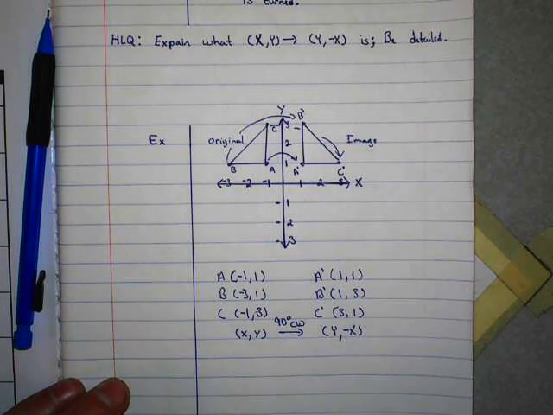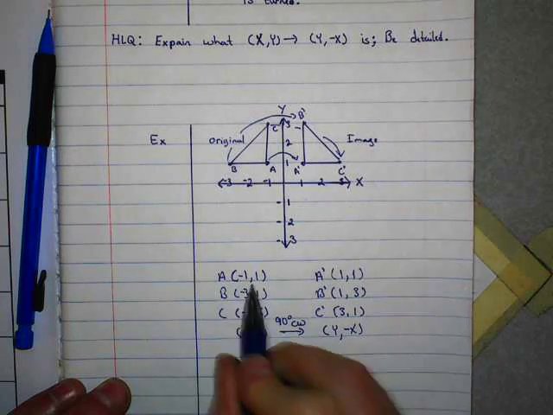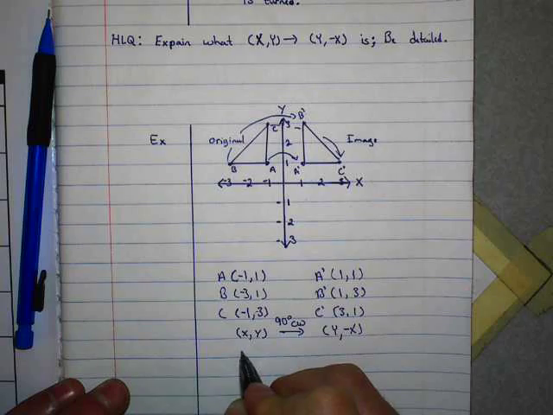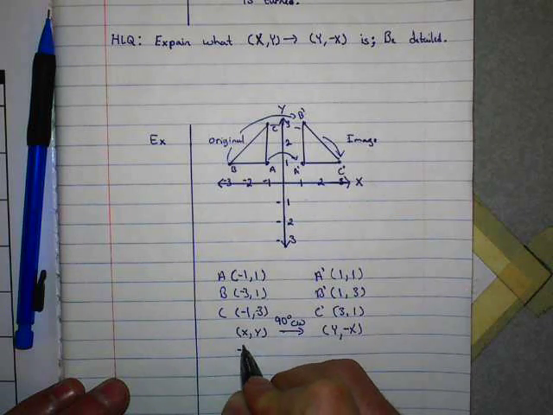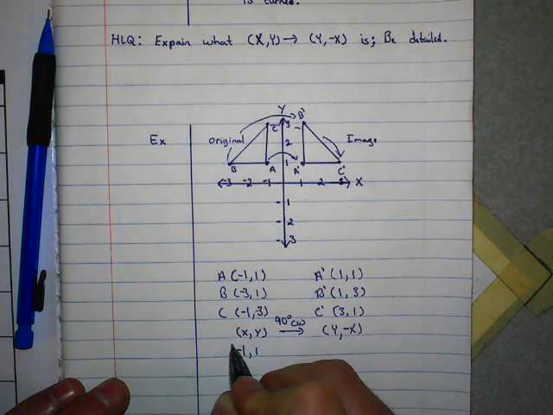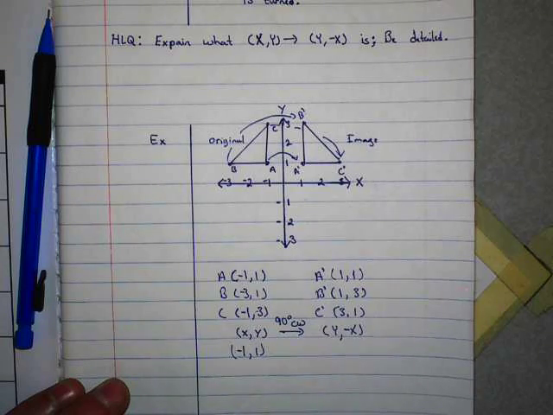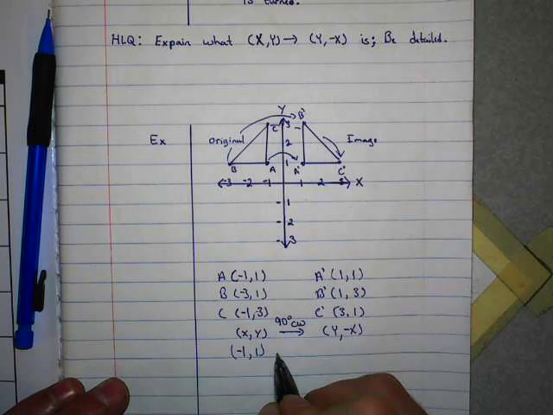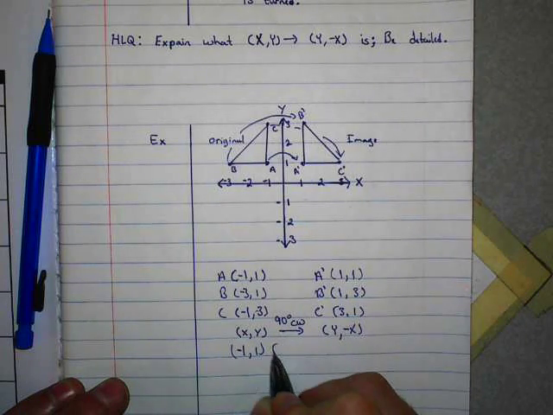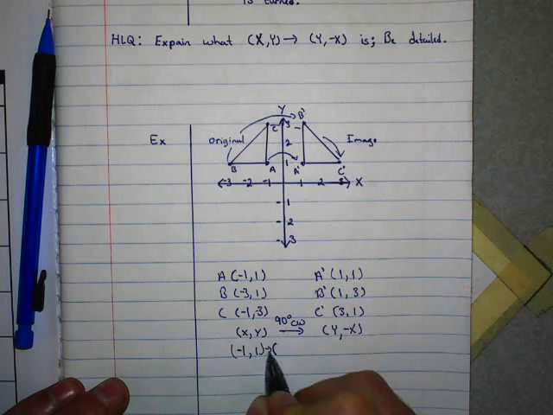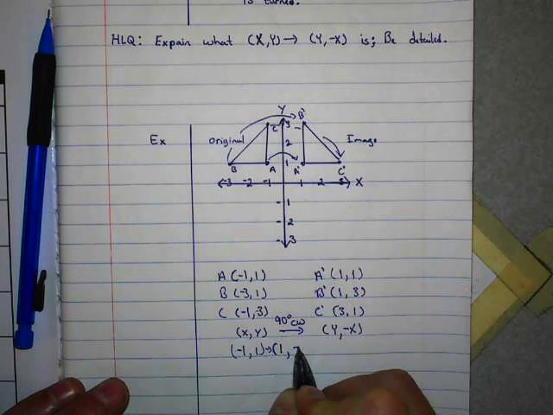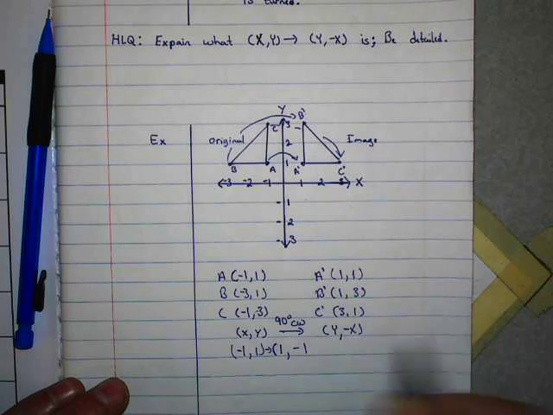So let's look at what actually happens to A. A starts off with a negative 1, comma 1. Well, the first thing that's going to happen is these 2 points, negative 1 and positive 1, are going to trade places. So this becomes positive 1 here, followed by negative 1 here. But there's something else that happens.